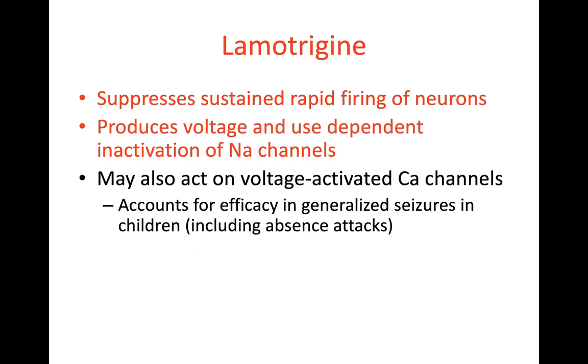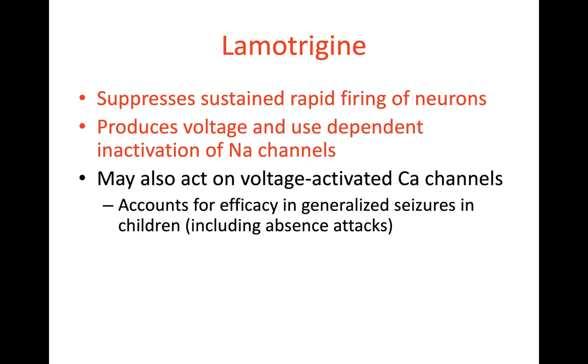And so what lamotrigine does is it targets the neurons that are rapidly firing. This is what you would expect to see when a seizure is generated. What you're going to see is that this suppresses this rapid firing. So when we have seizures, the neurons will start firing rapidly, setting up electrical circuits, which is causing the seizures.